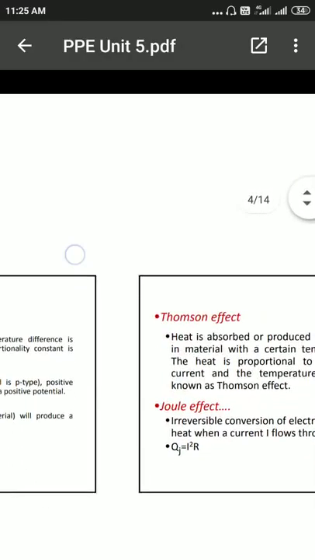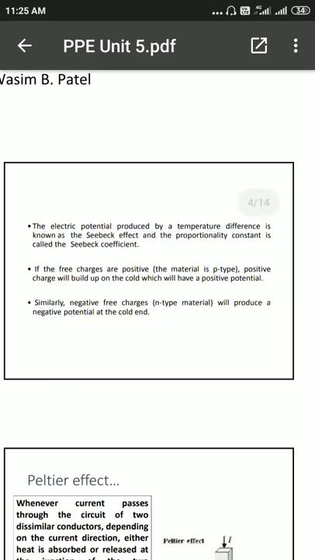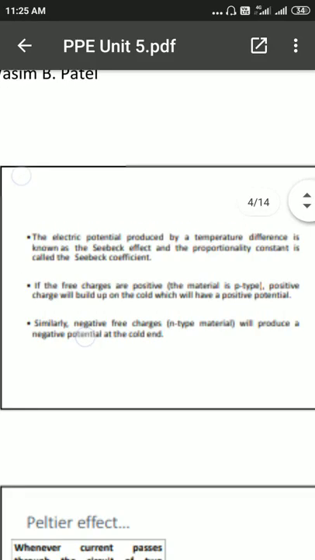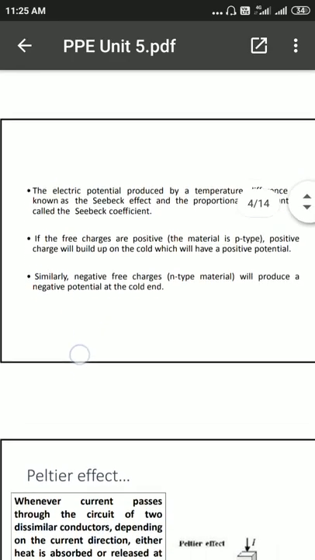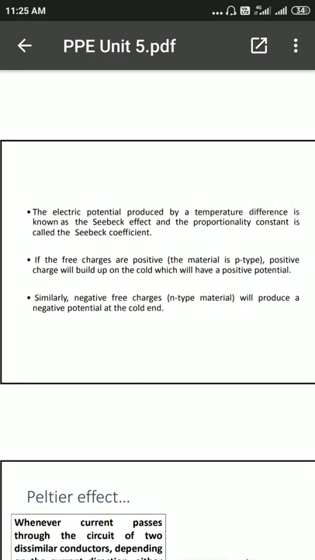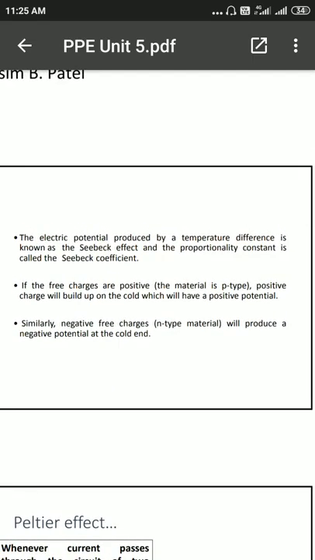We will see what that is, but before that, let us see other things used in this thermoelectric generator. The electric potential produced by the temperature difference is called the Seebeck effect, and the proportionality is called the Seebeck coefficient.